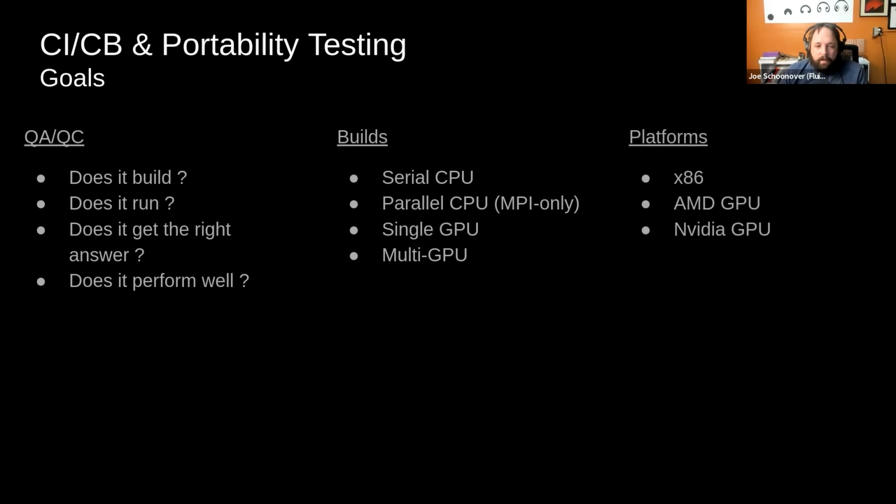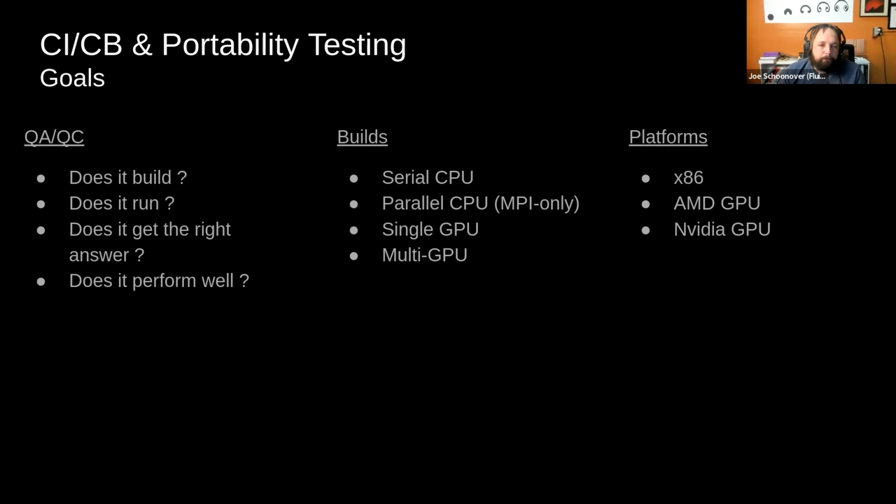And then, of course, you want to top this off with the variety of platforms available for each of those builds. I might have something that's targeting Intel x86 versus AMD x86. I didn't put ARM on here because we haven't been doing that quite yet, but at some point this will likely be an area we want to look into.